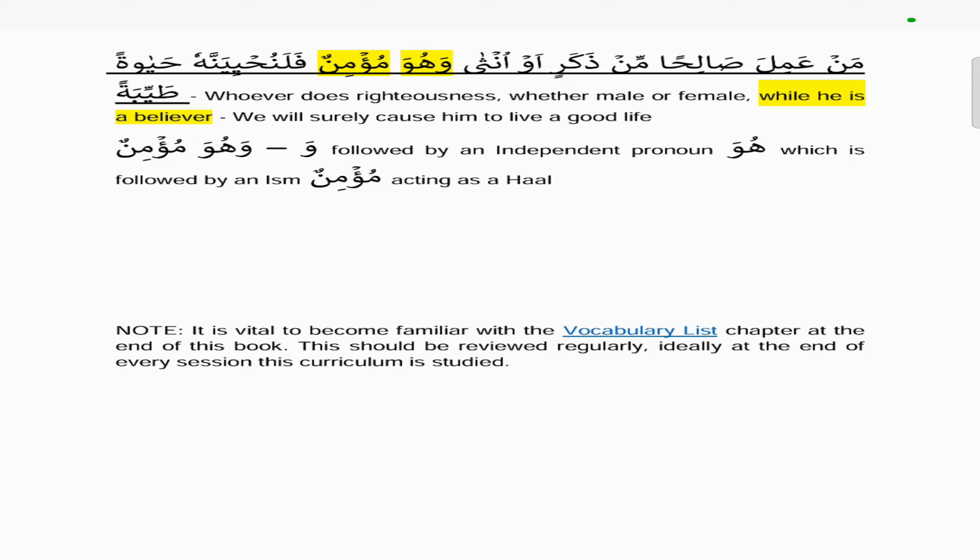So wahuwa mu'min is while he is a believer. The wa is the wa haliyah, and is followed by an independent pronoun huwa, which is followed by the ism mu'minun, which is acting as the Haal. That's what the translation is, while he's a believer, or as he is a believer.